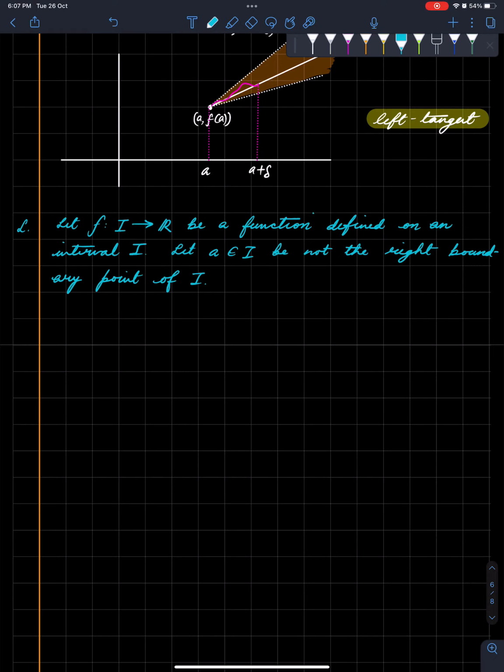Now what is the theorem? It says that if there is a right tangent to the graph of f at the point (a, f(a)), then it is unique.